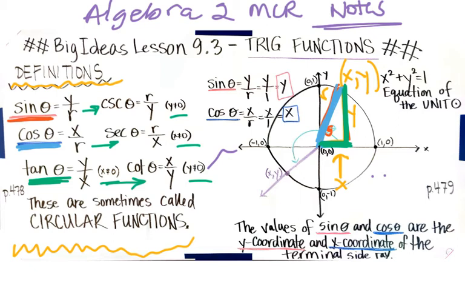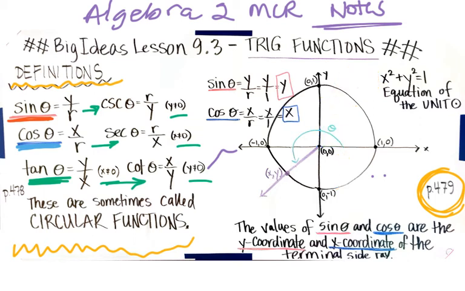I'm hoping that also from the other picture here on page 479, you'll notice that what we're going to do is define each one of these trig functions according to sine being equal to y and cosine being equal to x.